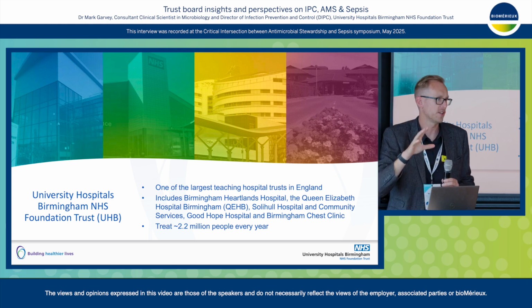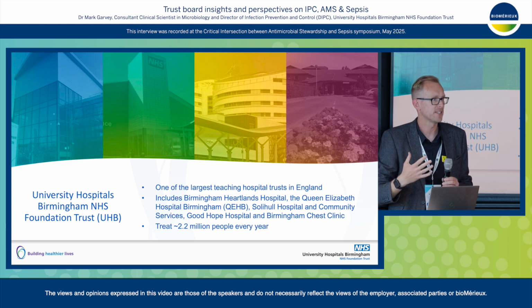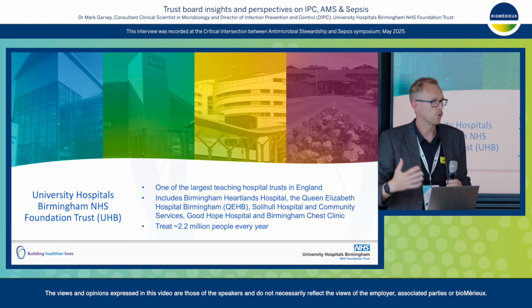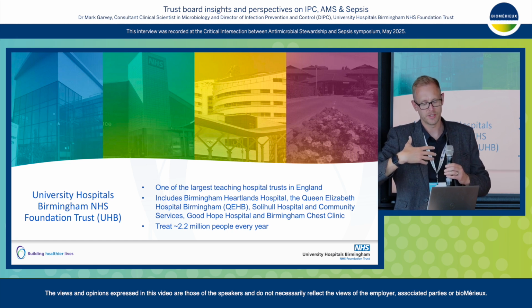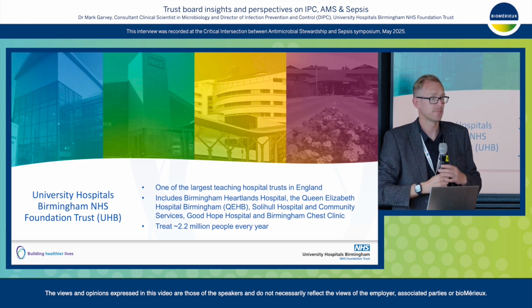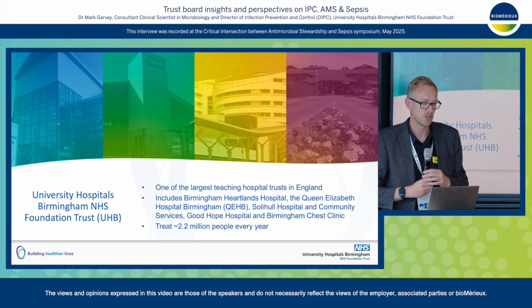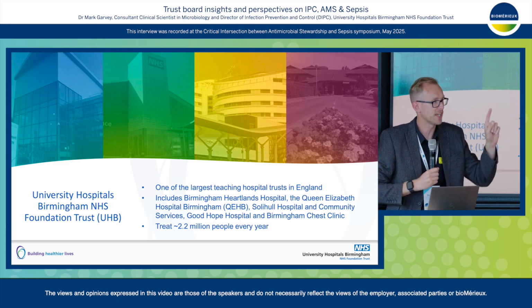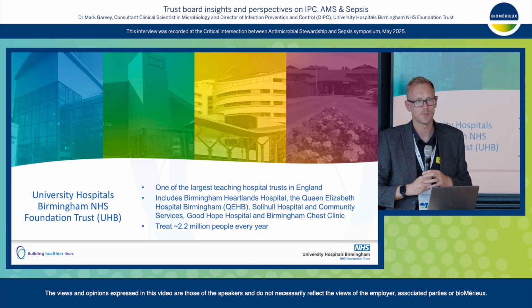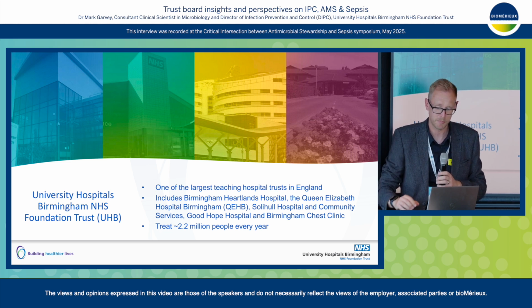They're all quite different hospitals. The QE is a specialised hospital where we have tertiary referral and major trauma, and it's the largest single solid organ transplant centre in Europe. So it's a big hospital. When you take them all together, it is pretty much 3,000 beds. Really big hospital.